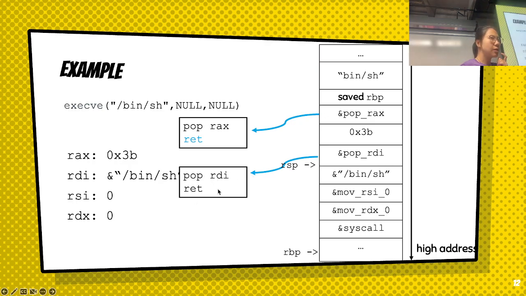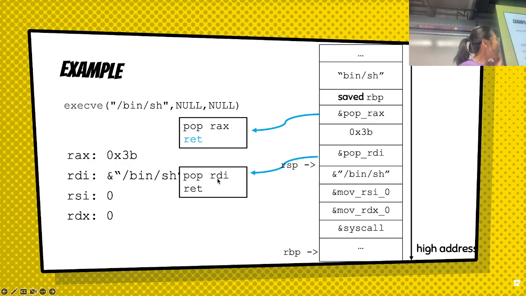For the next gadget, we have pop RDI. Below that pop RDI gadget, we will save the address of /bin/sh on the stack.